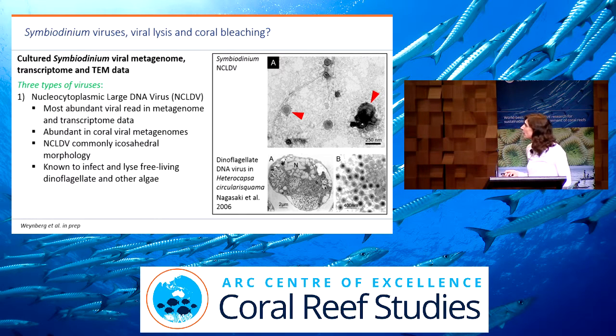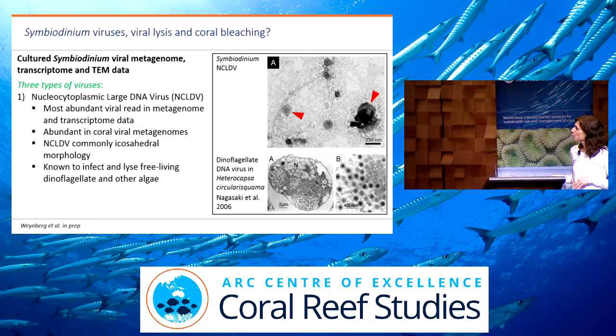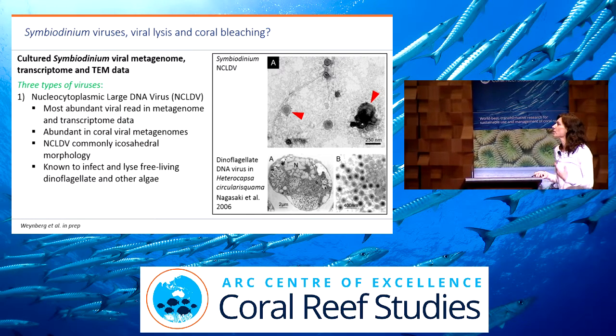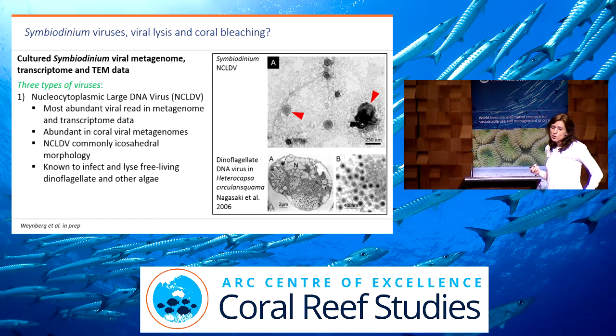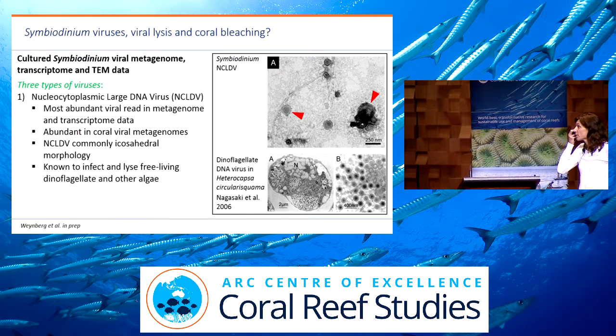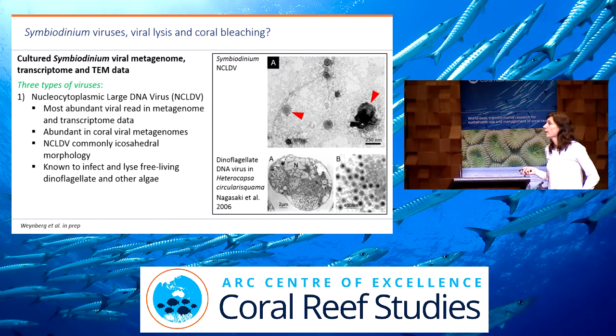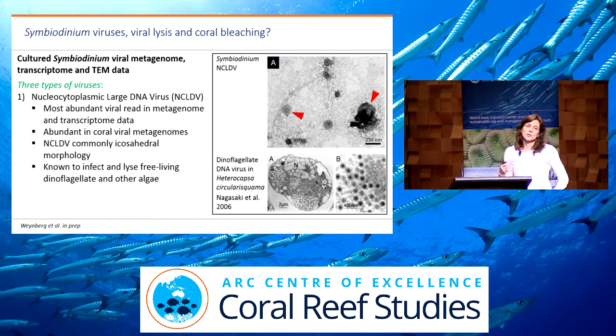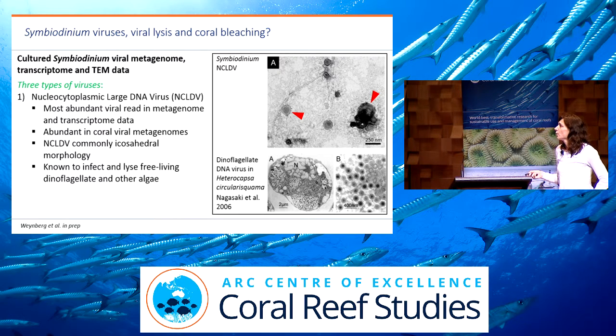So the first one is a large double-stranded DNA virus that belongs to a group called nuclear cytoplasmic large DNA viruses. And most of the sequences we find in our transcriptomes and viromes belong to this group of viruses. We also find them quite commonly in metagenomes from the whole coral holobiont. Now, those NCLDVs are known to have a morphology that looks like this.